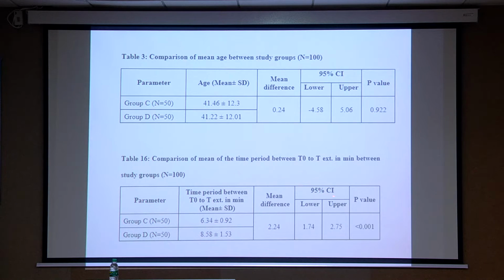So apply the 95% confidence interval. We got a range from 1 to 2. Here 0 is not included. Also the p value is less than 0.001. The significance is that the chance of the difference having occurred by chance is 1 in 1000. So there is a significant difference between the two groups in terms of time.